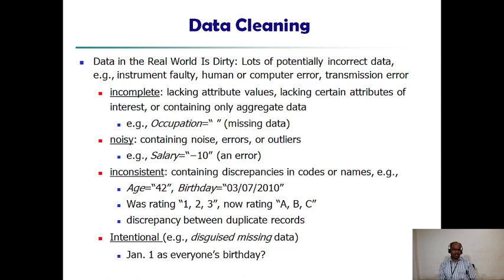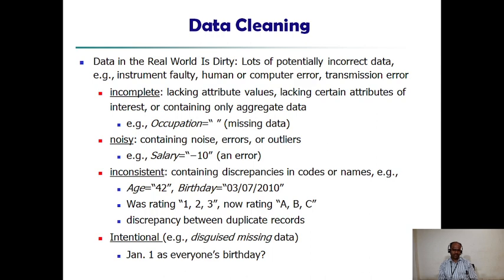So the data may be incomplete, means lack of attribute values, lacking certain attributes of interest, or containing only aggregate data. For example, occupation is not there, means the occupation attribute is not recorded. So for this what we have to do? Like that we have some noisy data, for example containing noise, errors or outliers.